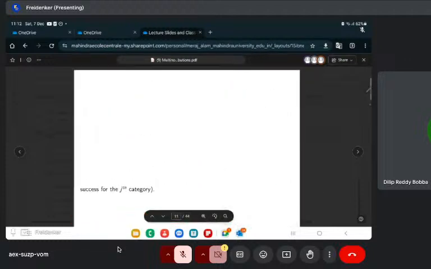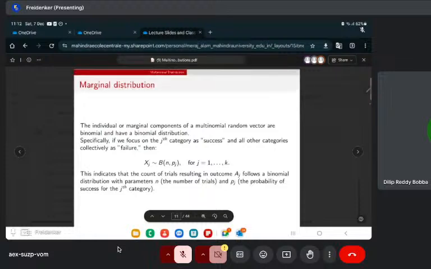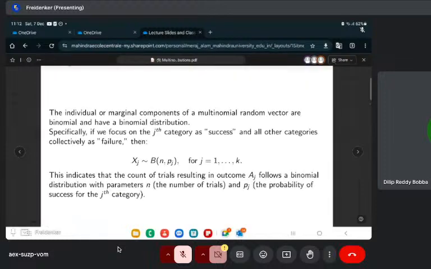Wait, there's nothing here for marginal. Okay, fine. So what they're telling is, if you want to find the marginal density function of one random variable of a multinomial distribution, it becomes a binomial. How does it become a binomial?